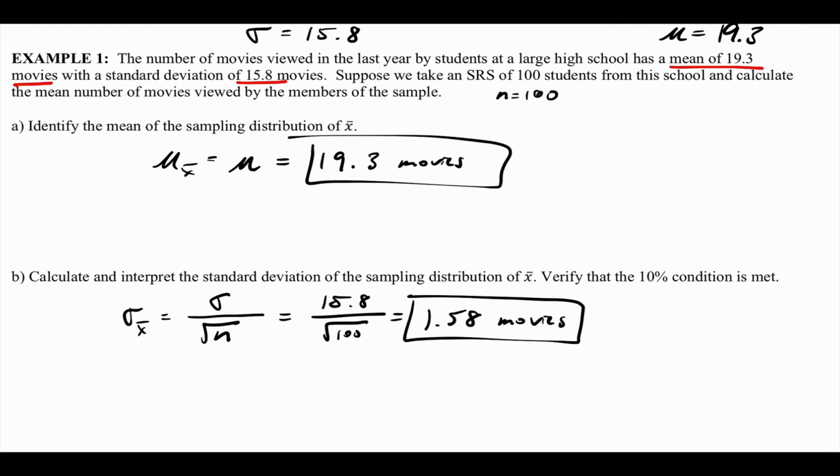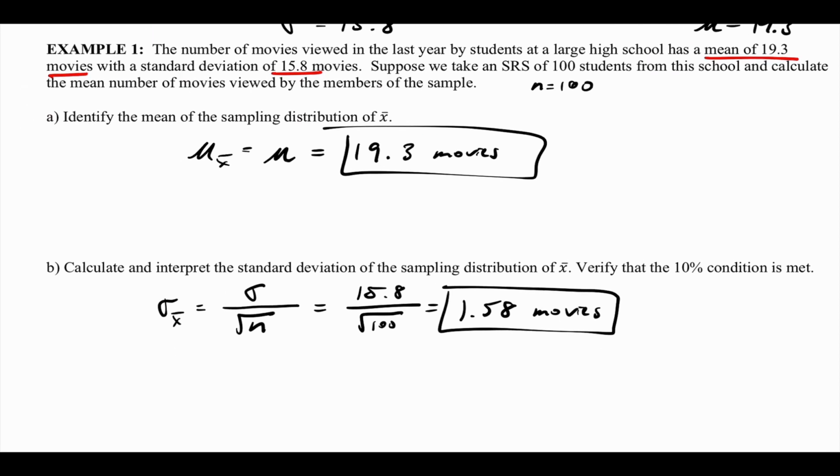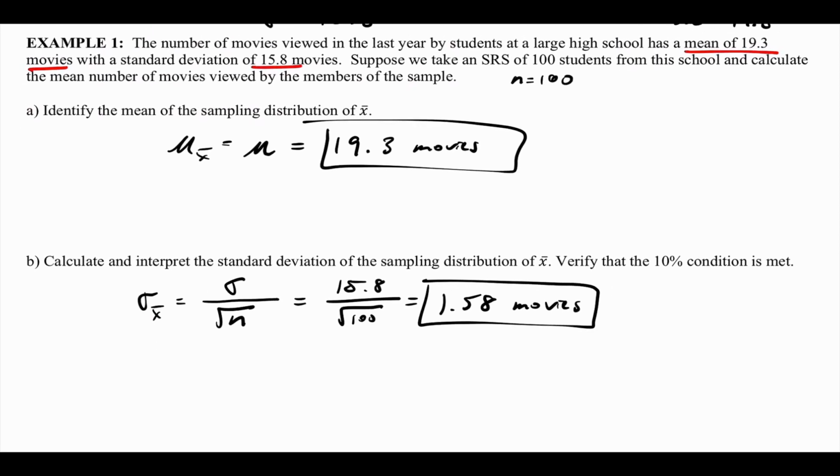Why is the sample standard deviation smaller? It's always going to be smaller, for the most part. There's less variability. Why, though? The sample is based off 100 people.